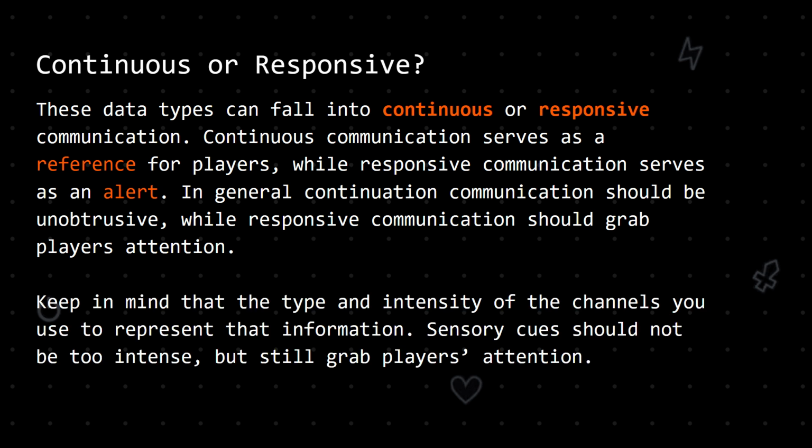Keep in mind that the type and intensity of the channels you use to represent that information will affect the noticeability of that information. Using intense sensory cues for something trivial can both annoy players and reduce their sensitivity to communication for information that is genuinely important. Conversely, if communication never really grabs players' attention, then critical events can easily be missed.